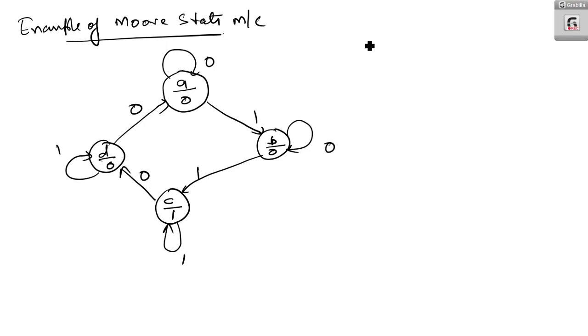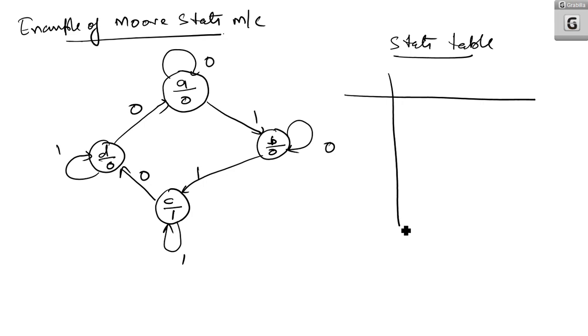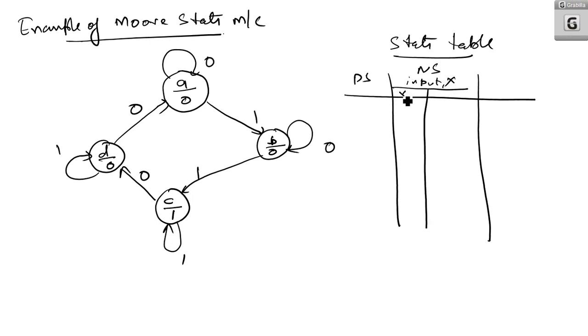Now let me draw the state table. Here I am having the present state. Next state depends on the input x, so I have columns for x equal to 0 and x equal to 1.